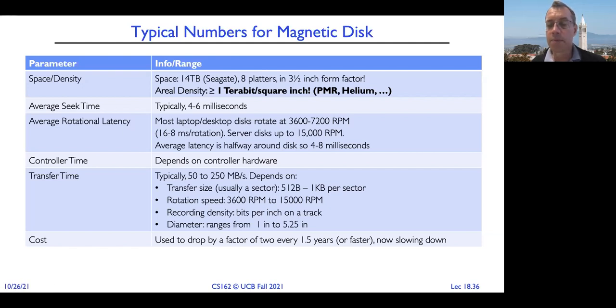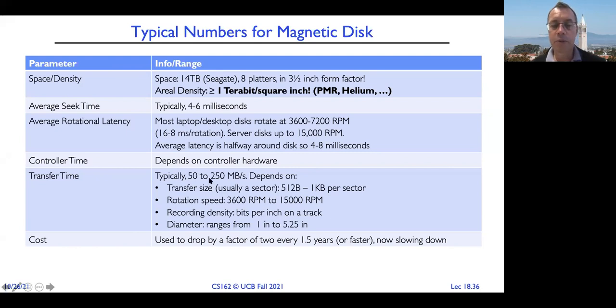There are also some newer, faster disks at even 15,000 rotations per minute. Average rotation latency is between 4 and 8 milliseconds, right? If it takes 8 milliseconds for a full rotation, then on average you need to wait 4 milliseconds of rotation latency for the sector you are looking for to come under the head.